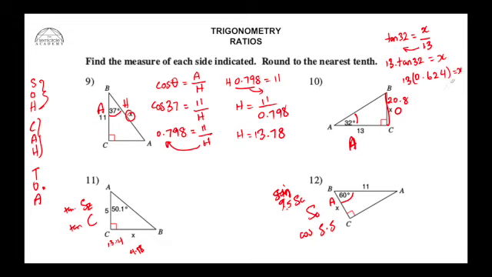That is x. So therefore x is 13 multiplied by 0.624, which is 8.11. Yeah. So let me ask you something, Ariel. What did you do wrong here?